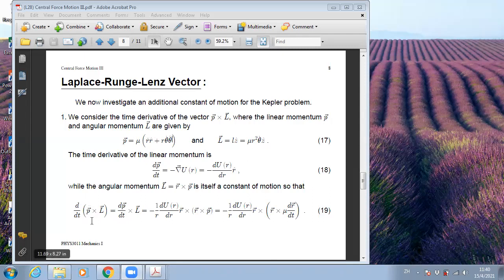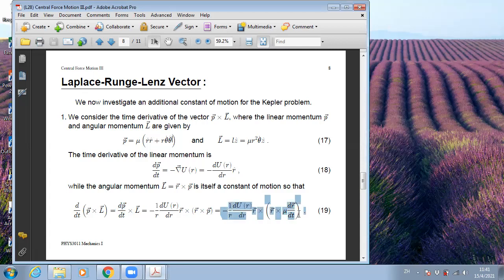We take the time derivative of this vector. Since L is a constant of motion, we have only the time derivative of the linear momentum, and we substitute the result of 18 and also the definition of the angular momentum into this expression. We finally have this. This is our final result for the derivative.